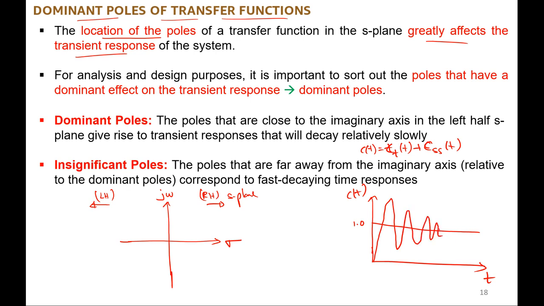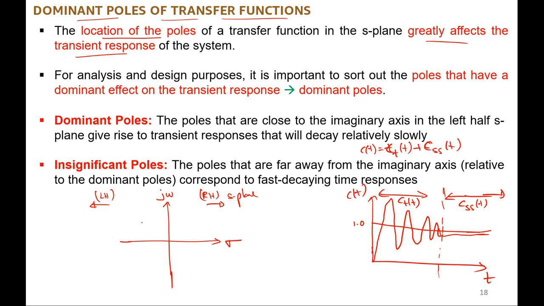Then at time t equal to infinity the system will attain steady state, but before attaining the steady state, we call this the transient response, right? This is Ct of t, the transient response, because of the variations in the output before reaching the steady state, right? This is steady state Css of t from this part onwards, right? Is it fine? So these variations in the output before reaching the steady state we call the transient response.